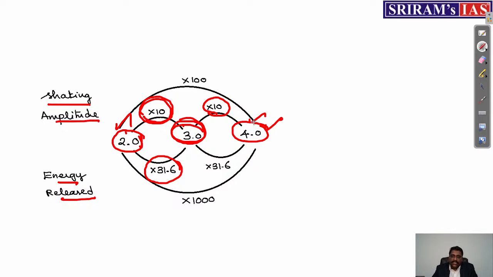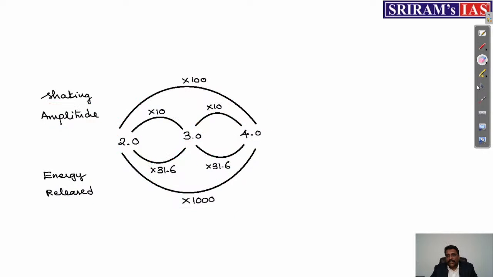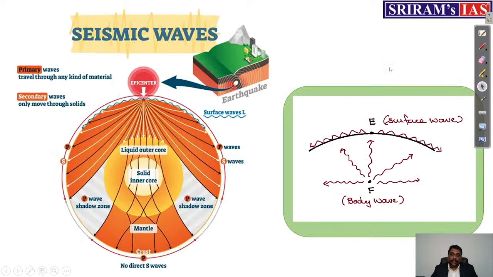It means 4.0 is at least 100 times bigger than 2.0. Why am I using the words at least? Because if I take energy released, 4.0 releases 1000 times more energy than 2.0. That's the reason I'm using the words at least. So a log scale with base 10 means that with every number that increases, the size increases at least by 10 times, my dear friends. Okay, that is this base.